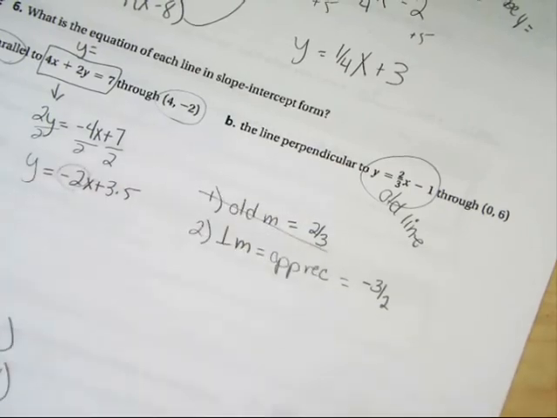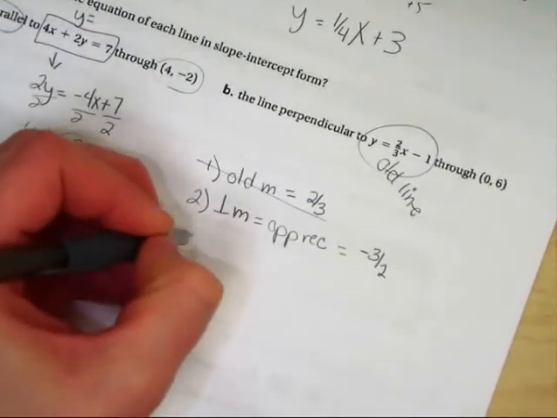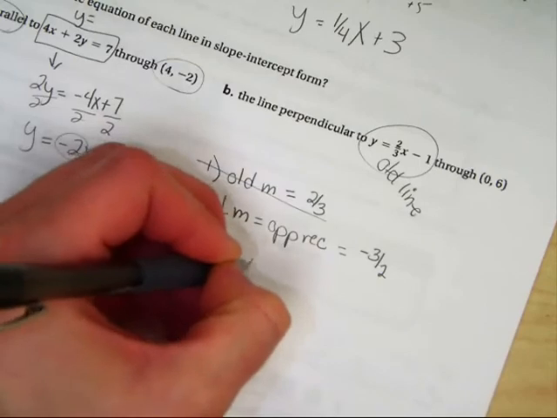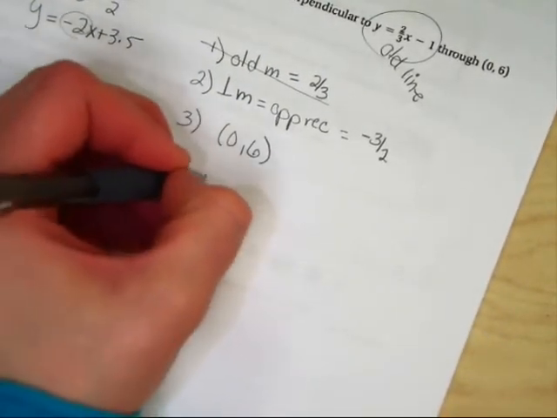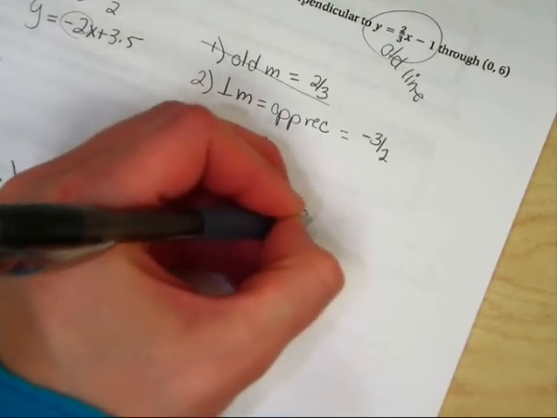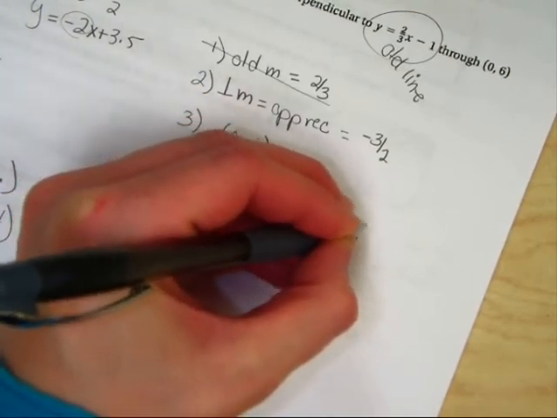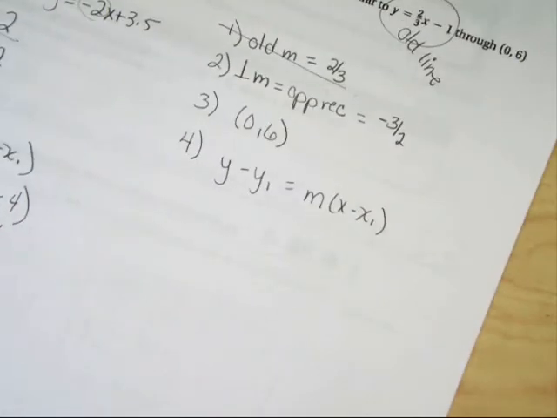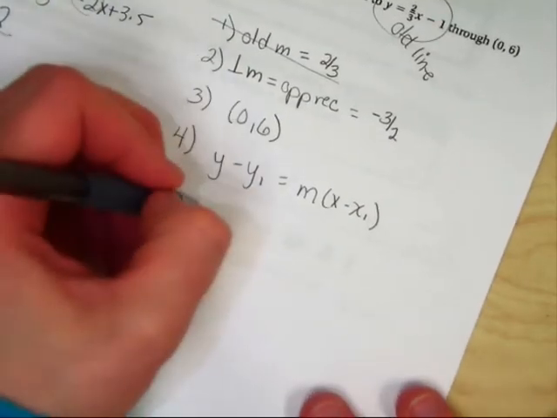Now you no longer need step 1. Step 3. My new information is my point 0, 6. Step 4. I like to use y minus y1 equals m times x minus x1 and plug in. You may use y equals mx plus b and solve for b.